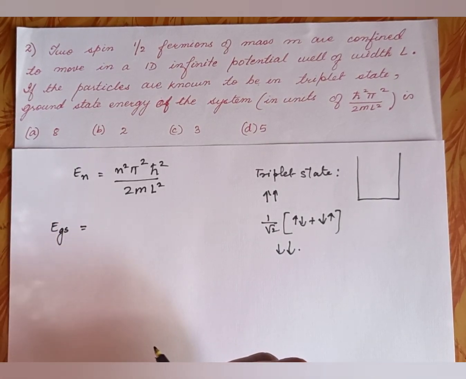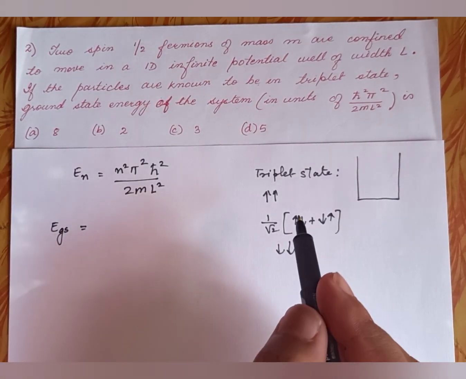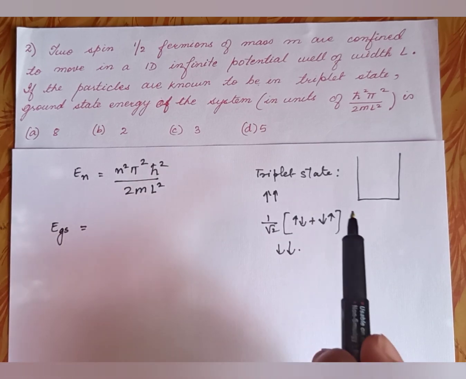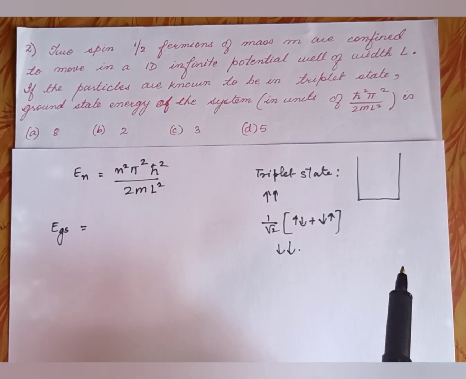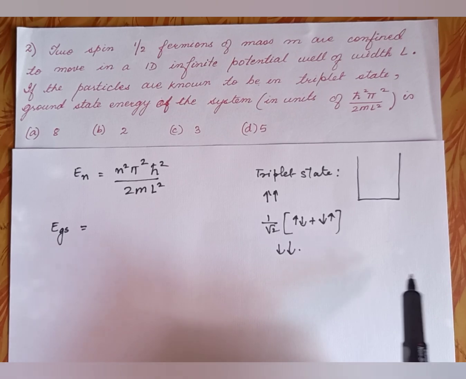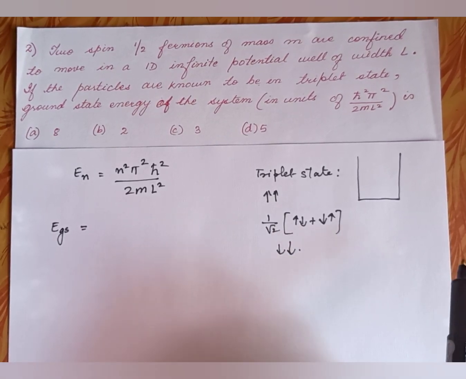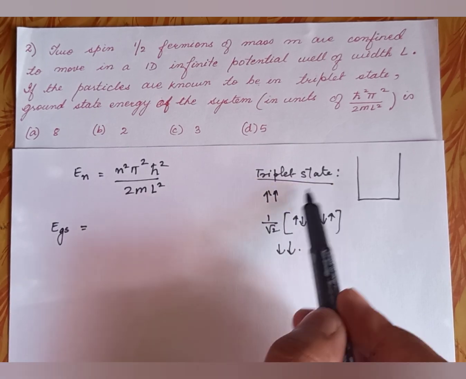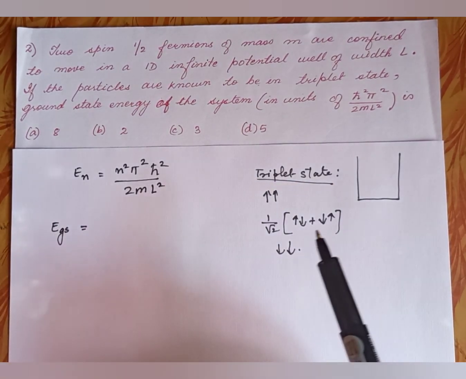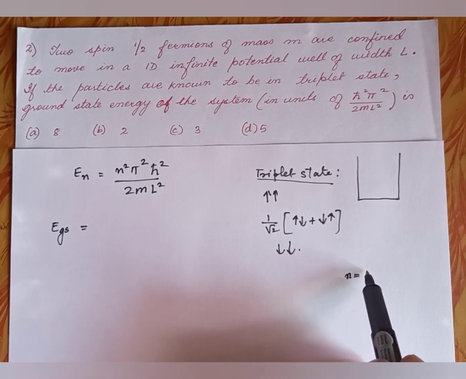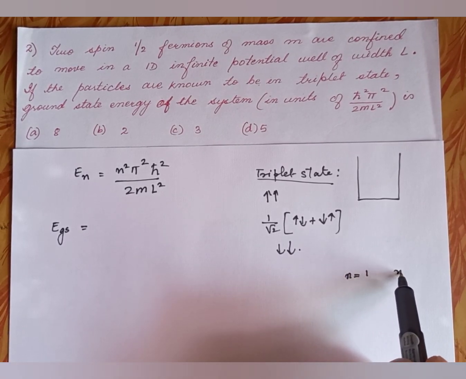What we need to remember is that these are fermions and they will respect Pauli's exclusion principle, which states that you cannot have two fermions in the same quantum state. For the triplet states, if we respect the Pauli's exclusion principle, then the ground state will be given by n equals 1 and n equals 2.